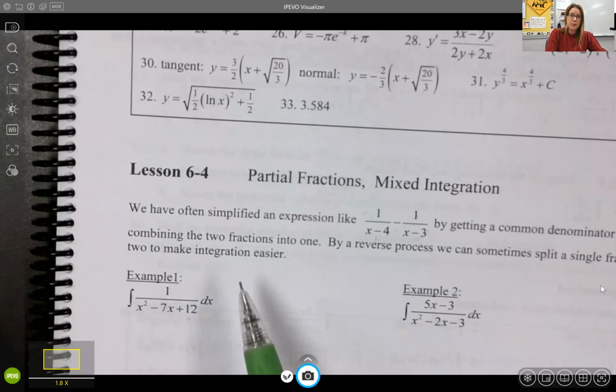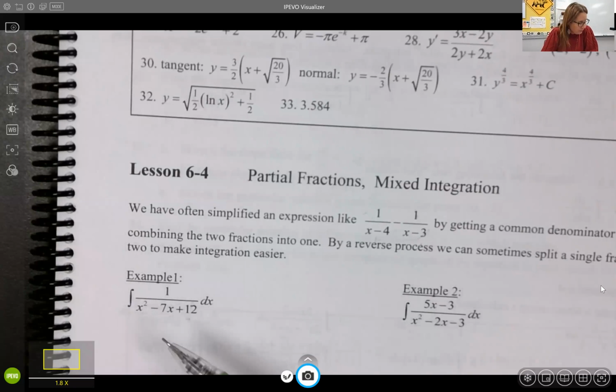So when I solve for du, I'm stuck with an x and a u, and since u is x squared minus 7x plus 12, there's no way to isolate the x to put it in place of u. So a u substitution will not work for this, okay?